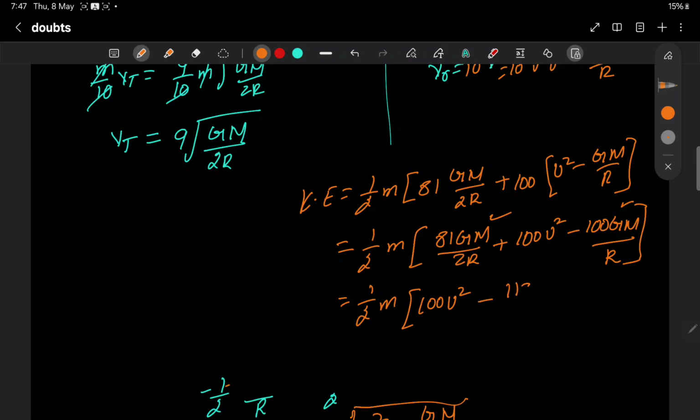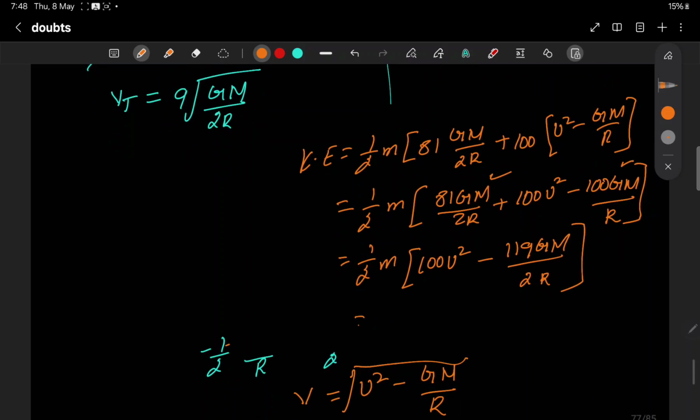So minus 119 GM by 2r. Am I right? This is 2r. So again we can make it m by 4, 200 u square minus 119 GM by r. So this we are getting.